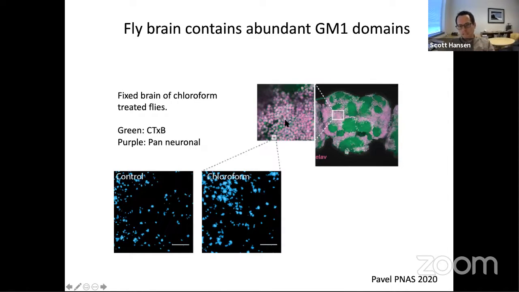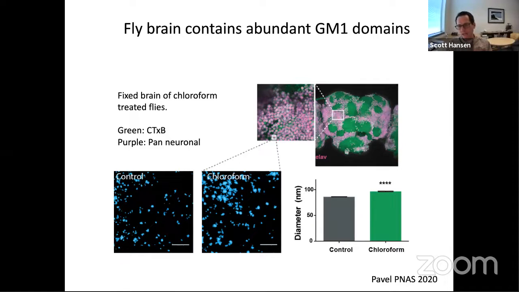We took a fly brain and put it in chloroform, and then did this exact same control experiment that we did in tissue culture. And we could see that the domains in the fly brain increase similar to what we saw in culture, albeit not as dramatically.